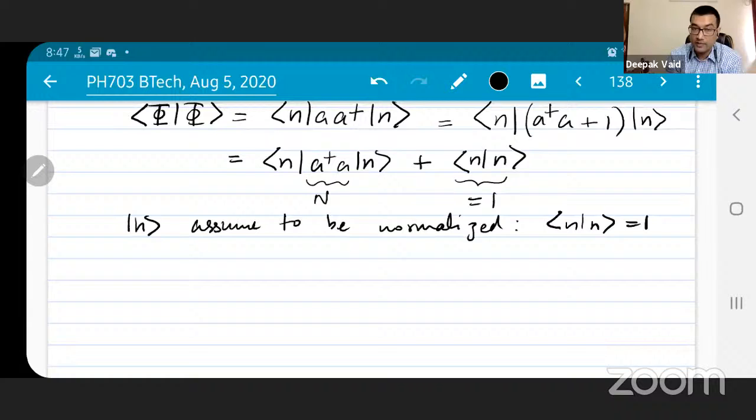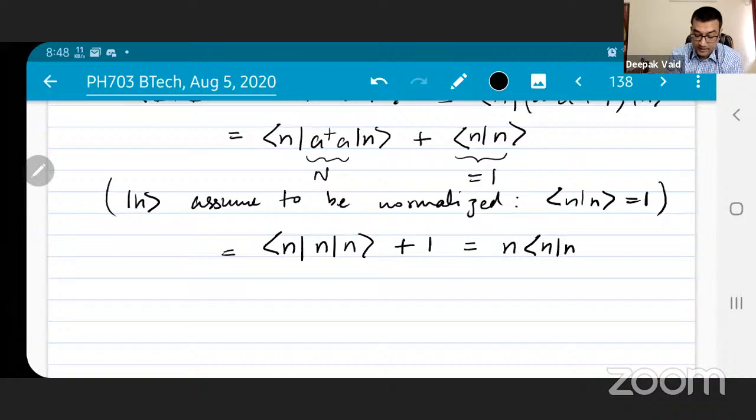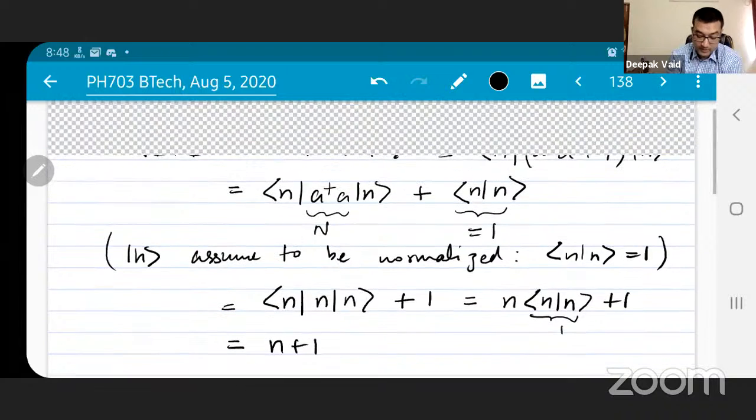This is equal to the operator N. Operator N acting on ket n gives me the number n, plus 1. And then this becomes n times ⟨n|n⟩ plus 1, and again this is equal to 1. So this just becomes the number n plus 1.